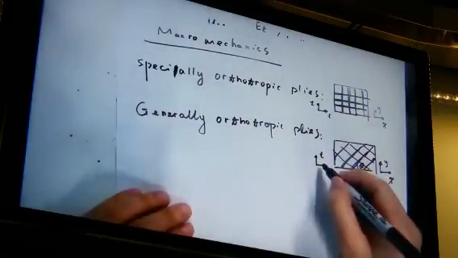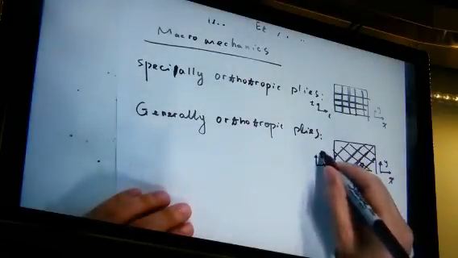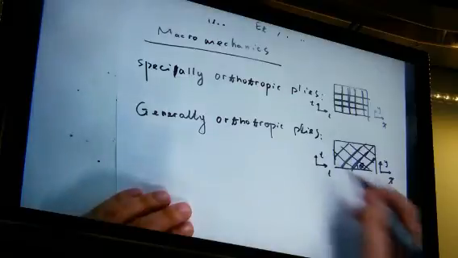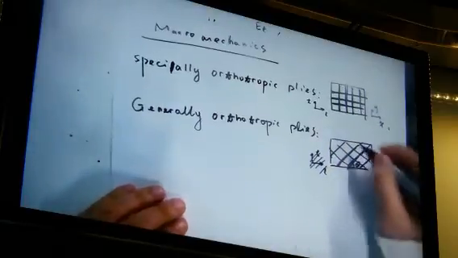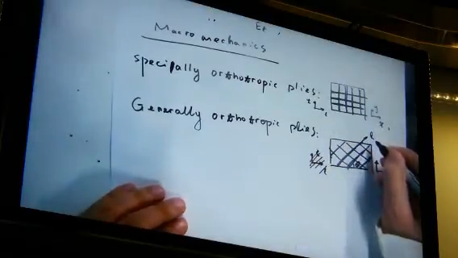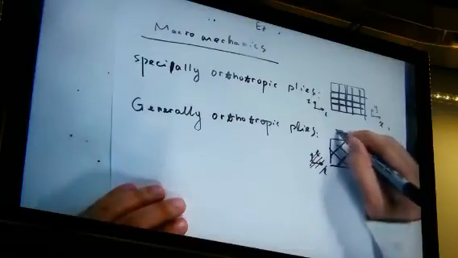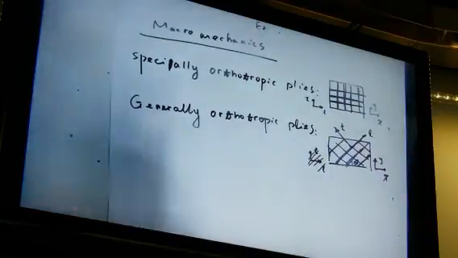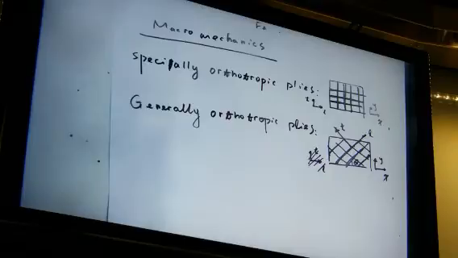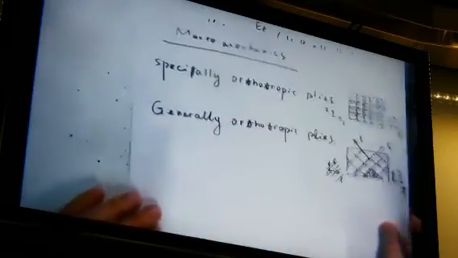And in generally isotropic plies, this L is not along x direction anymore. When you look at the filament, this is L direction, and this is T direction now. In generally isotropic plies, L and T are not along x direction and y direction anymore. So this is the difference.